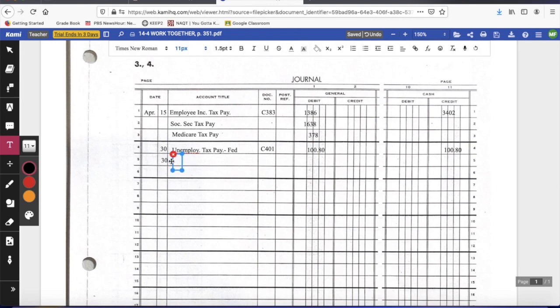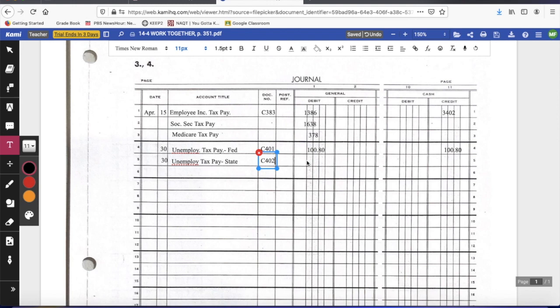So 30th of April. We're going to do this for the state now. Check number 402, because it tells us, and it looks for unemployment tax payable, state.